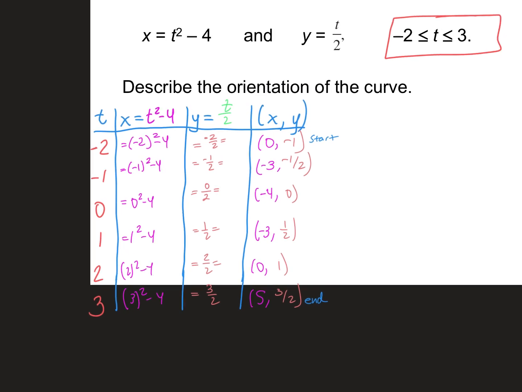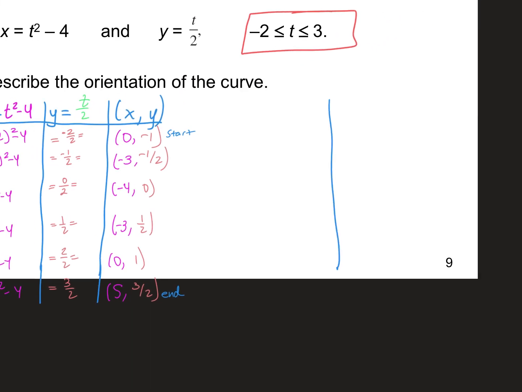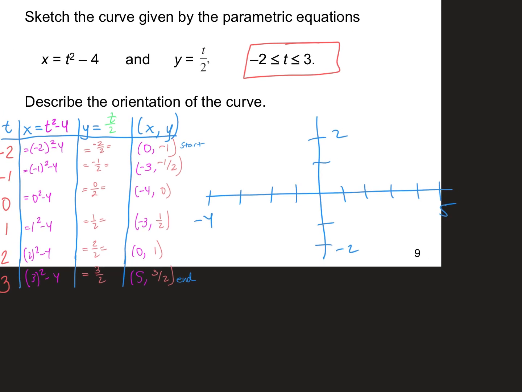So when we plot our points, 1, 2, 3, 4, 5. 1, 2, 3, 4. 1, 2, -2. Where is my starting point, guys? Okay, so I have a point here at 0, -1.